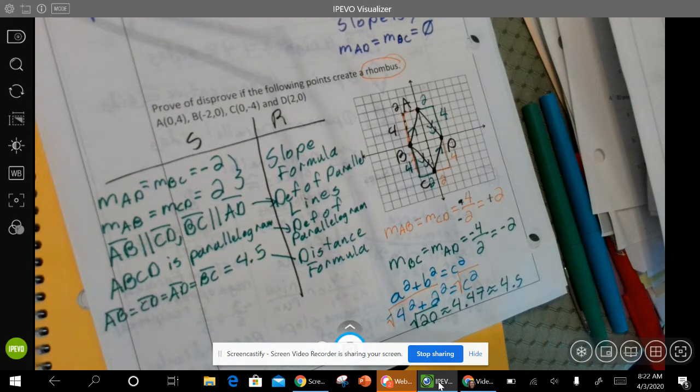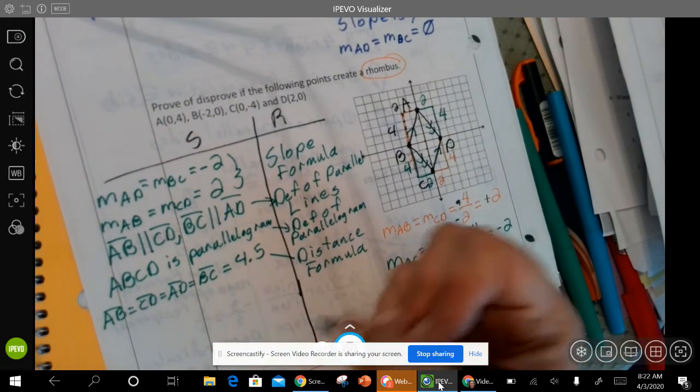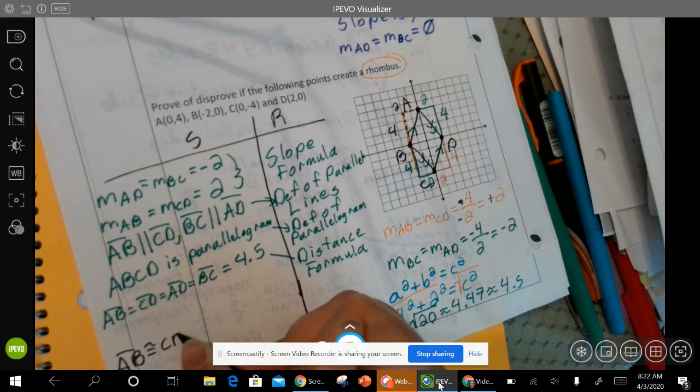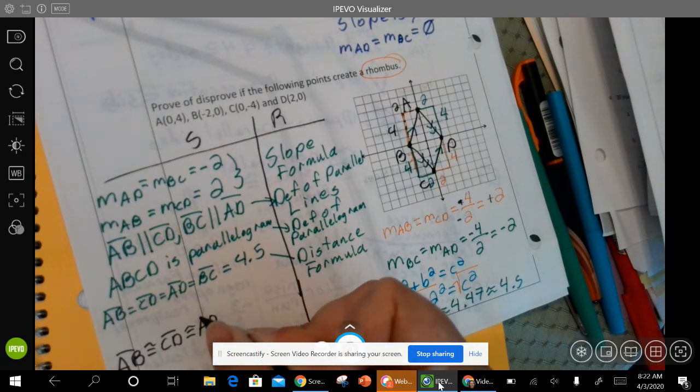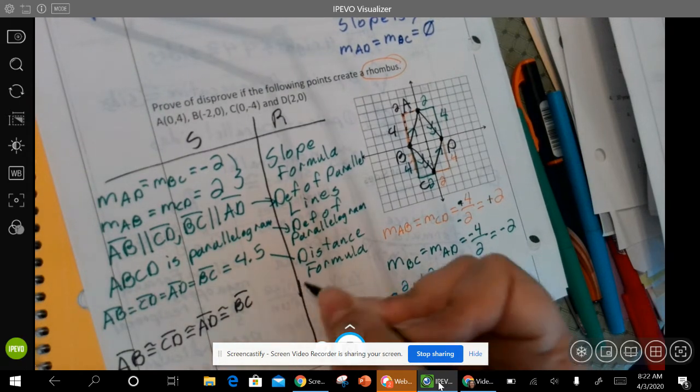If they're all the same measure, that means that they're all congruent. So side AB is congruent to CD, is congruent to AD, is congruent to BC.